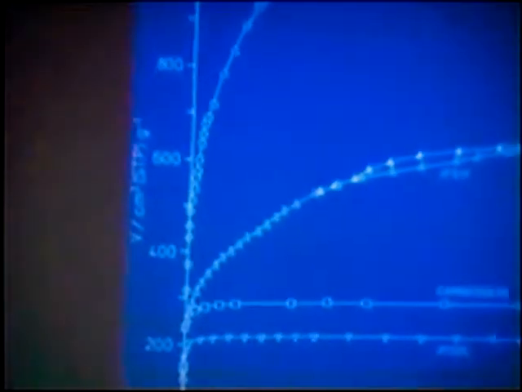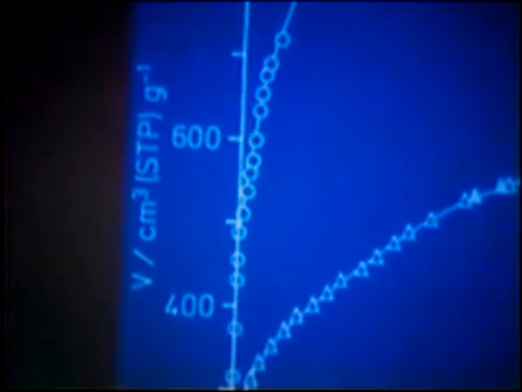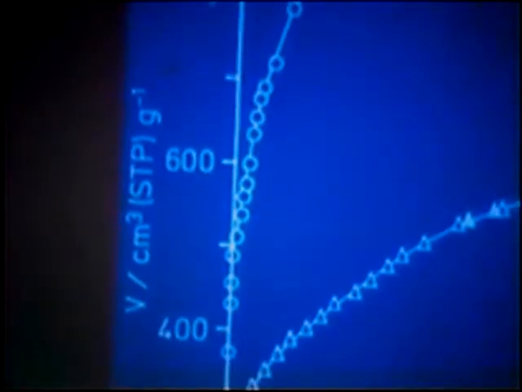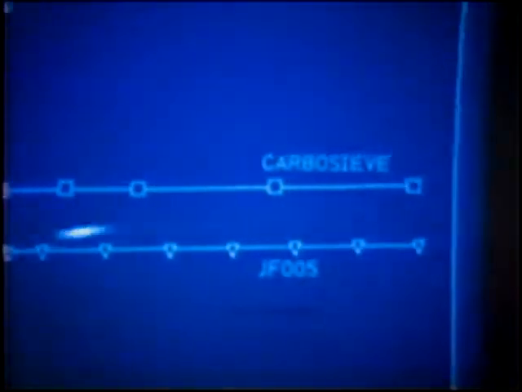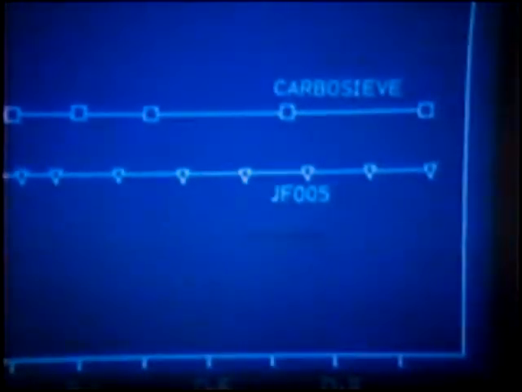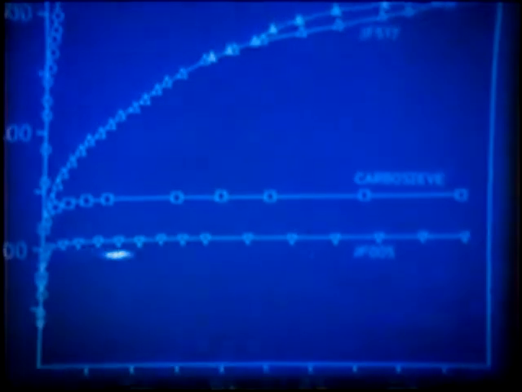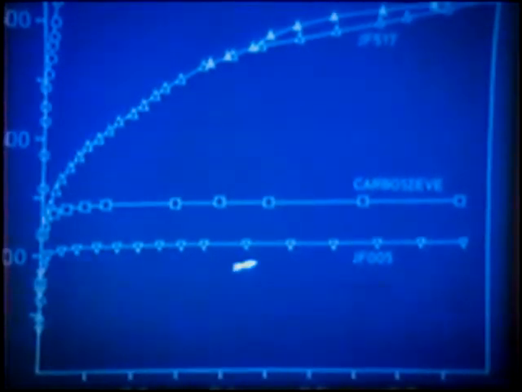Now, as you see here, these are nitrogen adsorption isotherms which we've reported elsewhere. And what you see is that these are, broadly speaking, of two groups. We see the ones at the bottom here on the carbo-sieve, the molecular sieve carbon, PVDC carbon, carbo-sieve. This is a commercial form. The other one down here is on one of our charcoal cloths, which has been subjected to a very low degree of burn-off, of activation.